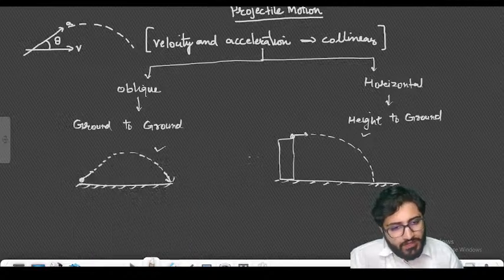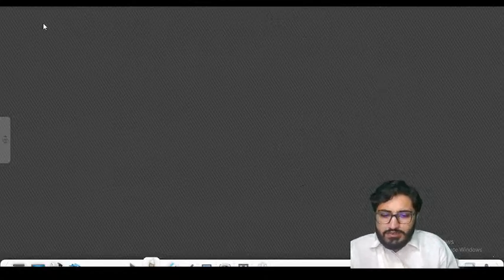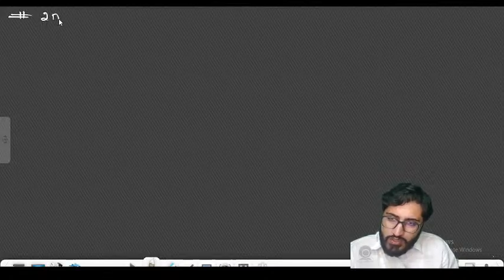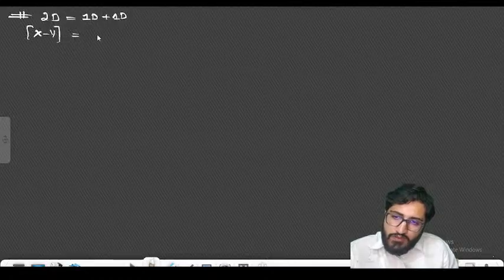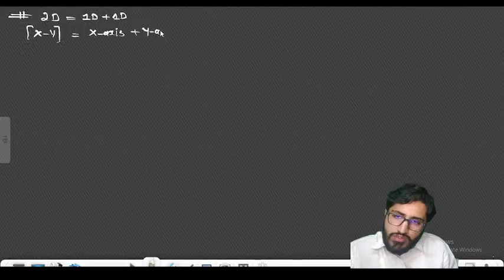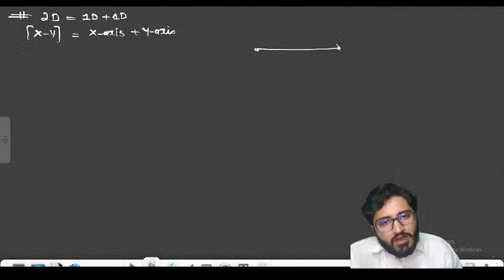Now, the very first thing we will discuss is displacement. Look, 2D can be broken down into 1D plus 1D. Suppose we are dealing with the XY plane: x-axis motion plus y-axis motion. If my particle goes this way, this is the final position and this is the initial position.